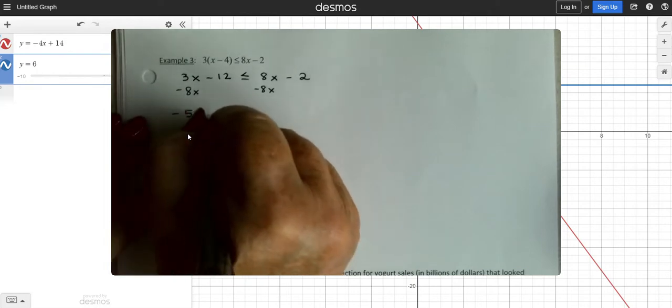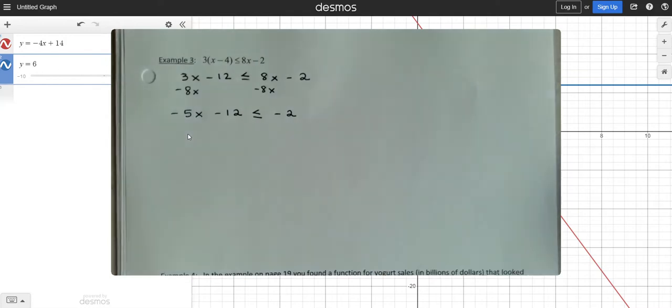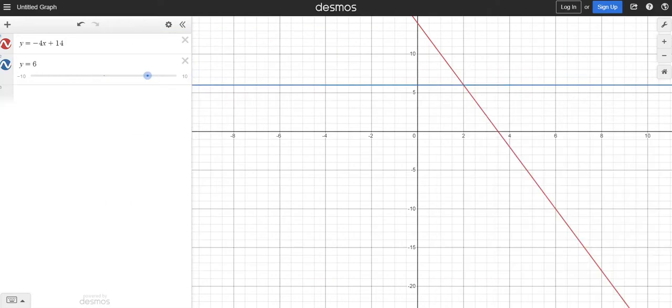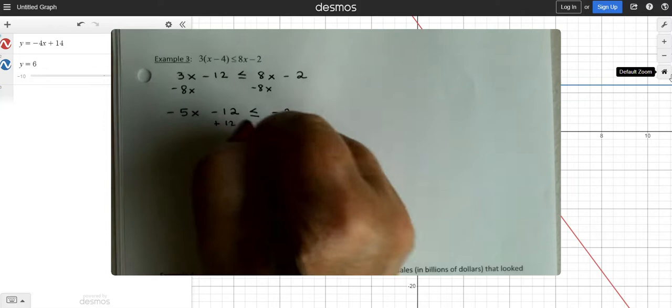So I have negative 5x minus 12 is less than or equal to negative 2. I'm going to add 12 to both sides.